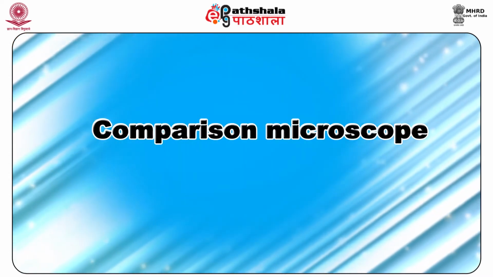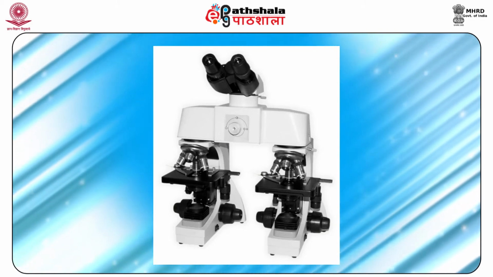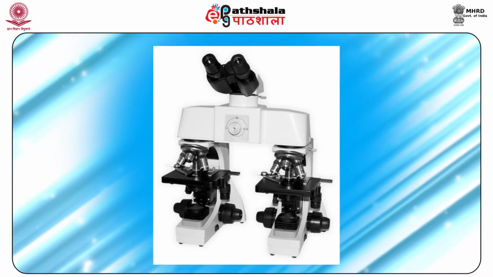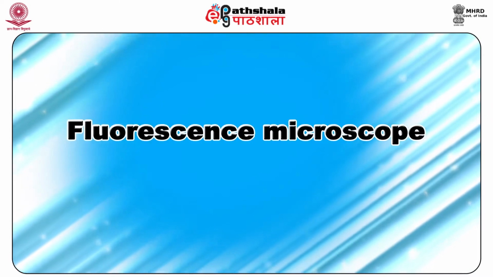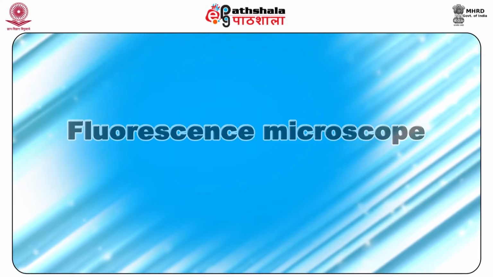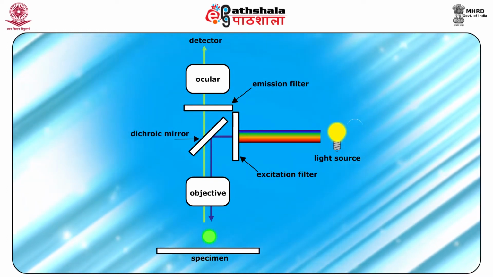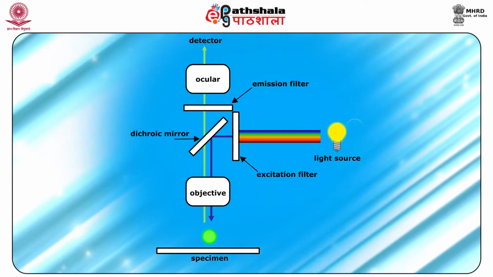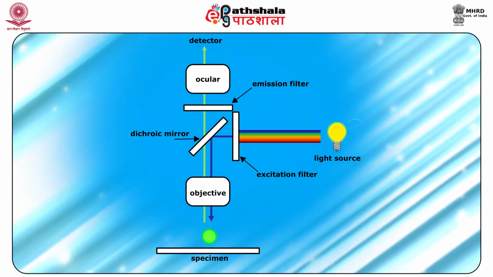Next is comparison microscope. This instrument permits direct comparison of such fiber properties as morphology, diameter, and color. Fluorescence microscope. Many dyes used to color textiles have fluorescent components, and their response to certain wavelengths of light can be useful in comparing textile fibers.